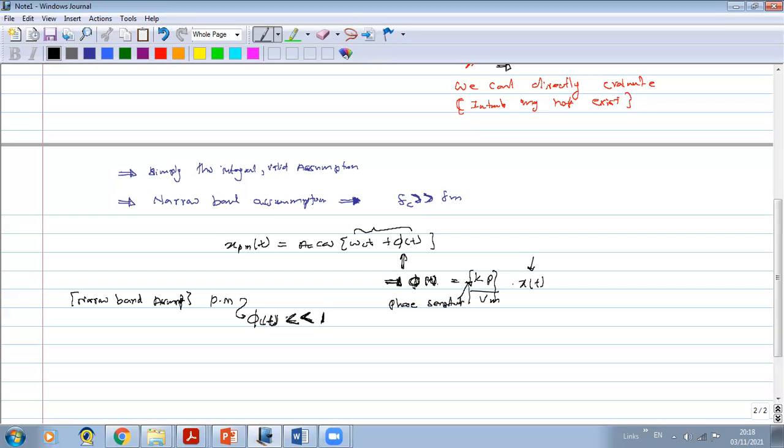So we have to set this phase sensitivity, and we can restrict the range of this φ(t), okay, φ(t) very less than 1.